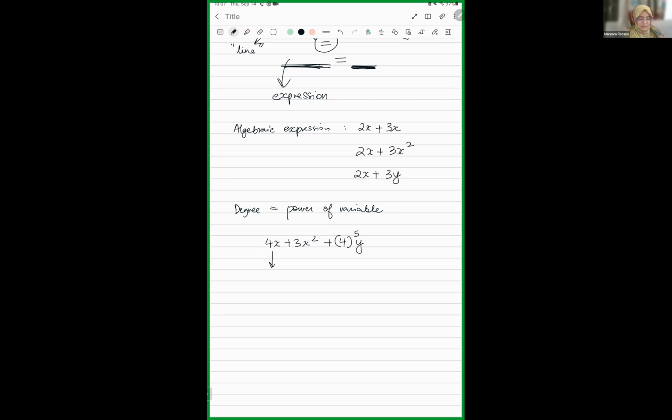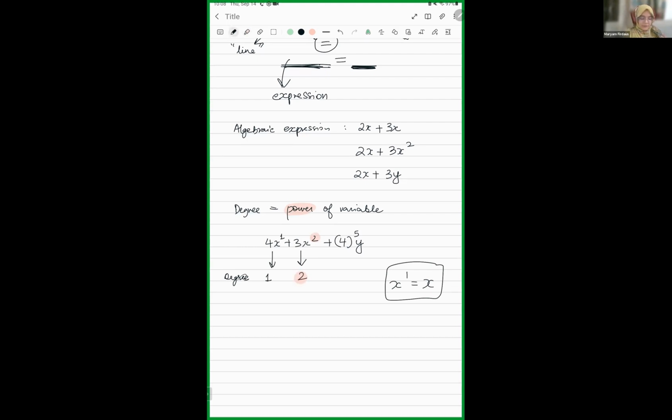The degree is 1 because the power of x over here is 1. X to the power 1 is nothing but x. That is why it is 1. Now, what is the degree of the second term? X square. The degree is 2. Why? Because degree means power, and this is the second power. Got it?